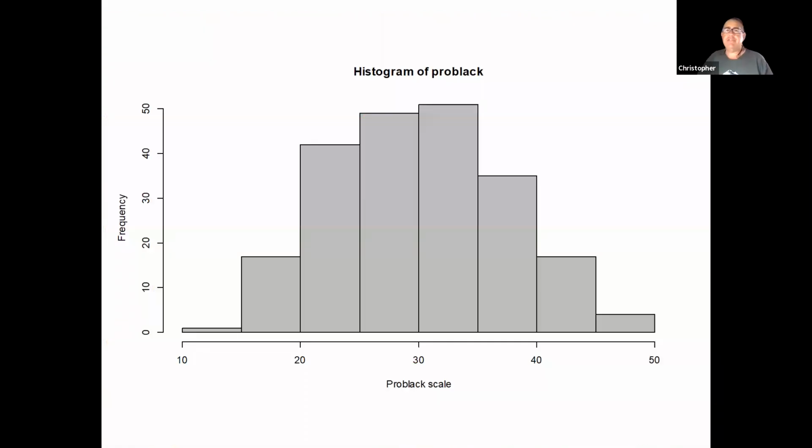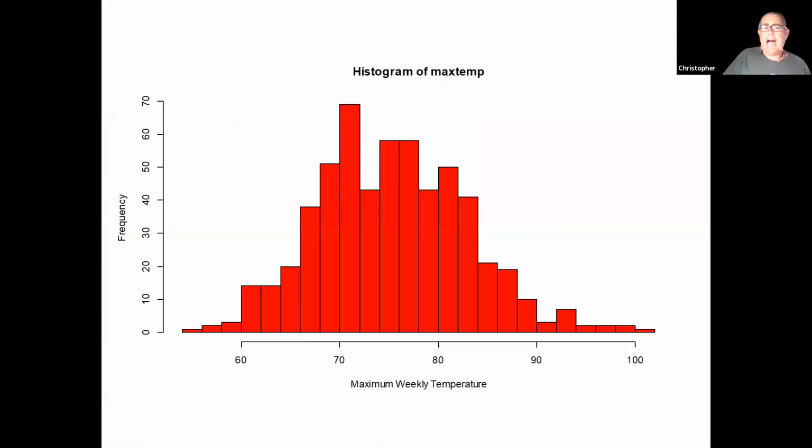And we also see this in terms of various distributions. I just grabbed some variables from various papers that I'm working on. This is a distribution of scores on a scale called the Pro-Black scale, and you see that those comprise very much that normal-looking shape that we saw. Here is maximum weekly temperature. This is from a study I did a few years back looking at temperature and hate crimes.